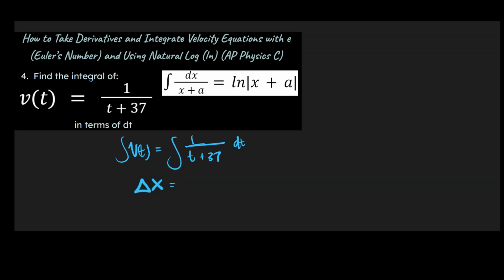Next, let's take a look at the rule that we have. Notice that this a is some coefficient. This x is the variable that we're integrating in terms of. So in this case, our t variable is going to take the place of our x, you could say up here. So what do we end up with? Well, we end up with the natural log, so that's an ln, of the absolute value of t plus 37.